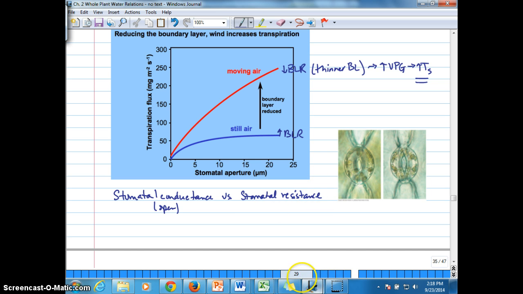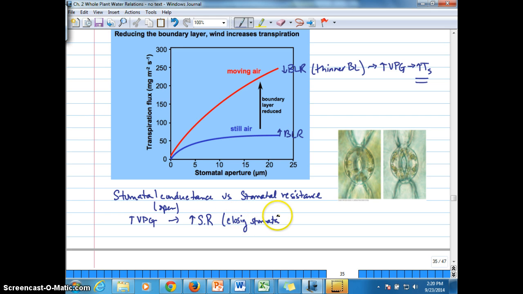And stomatal resistance will actually increase when the vapor pressure gradient goes up so that the plant doesn't lose too much water. Okay. So let's say if the vapor pressure gradient increases between inside and outside the leaf, where that's going to drive higher transpiration rates, then we're actually going to see the stomata respond by closing down and increasing the stomatal resistance.